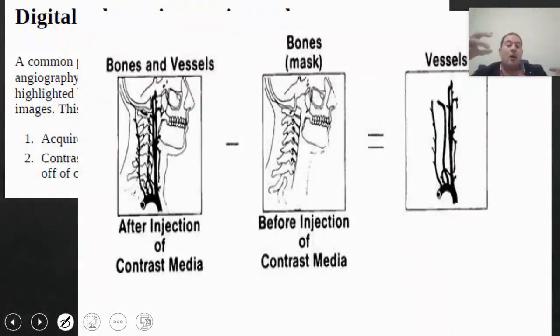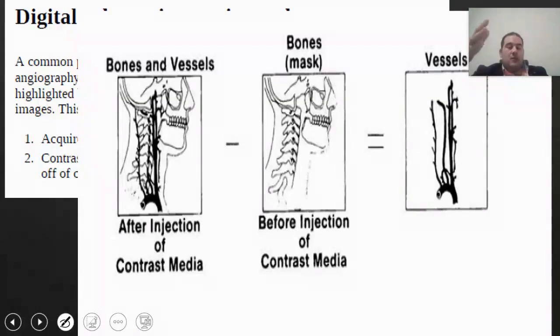Of course, if you take a picture, you will find the dye inside the bone, meaning you cannot see well. So, a technique called digital subtraction angiography was developed. What is this technique? What is its function? And how does it work?